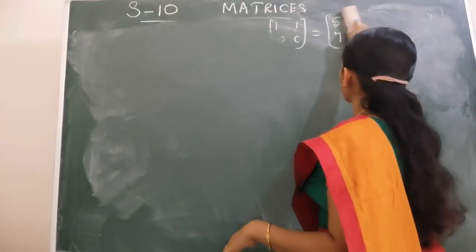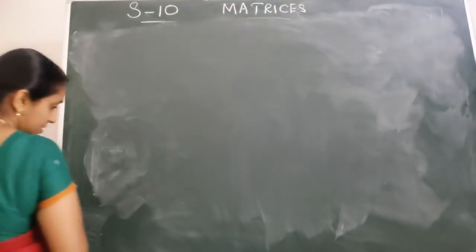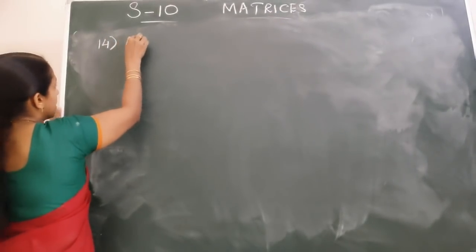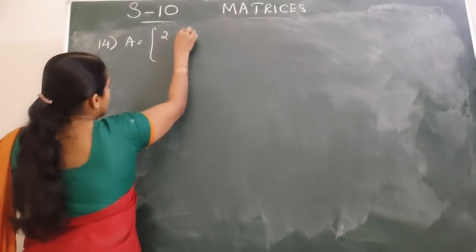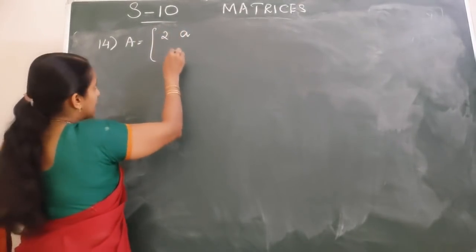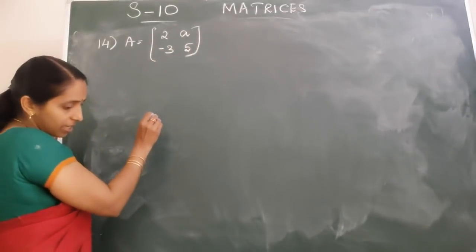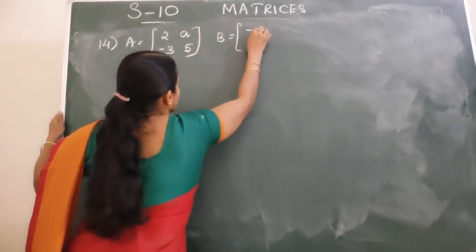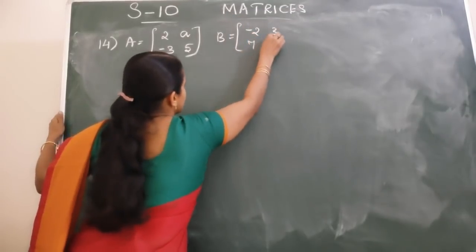Now, the last question of this exercise. Question number 14. A is given as matrix 2A minus 3, 5. And B is given as matrix minus 2, 3, 7B.